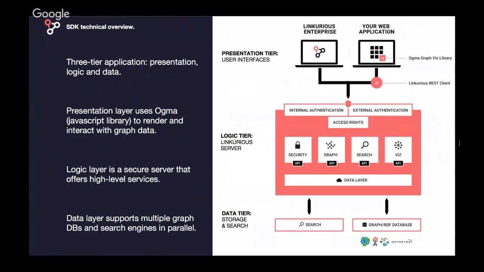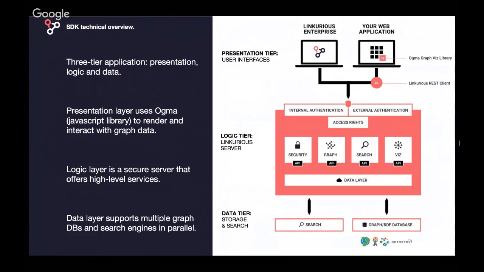The first one is a presentation tier that uses a visualization library that we developed called Ogma. That enables you to render and interact with graph data in a web application. The second layer is provided by our server, which is a secure server that offers high-level services as an API on top of a graph database.